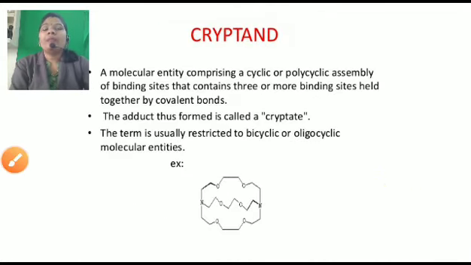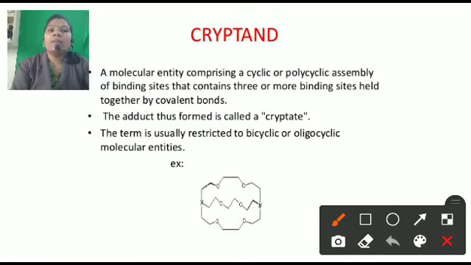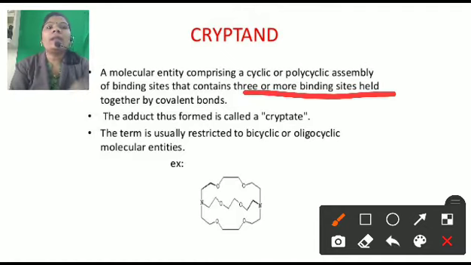Likewise, another compound is the cryptand. What is a cryptand? It is a molecular entity comprising a cyclic or polycyclic assembly of binding sites that contains three or more binding sites held together by covalent bonds. In a crown ether, the heteroatom is only oxygen.